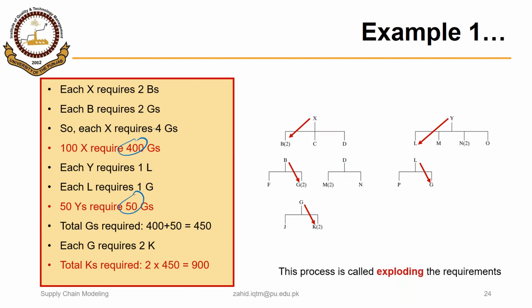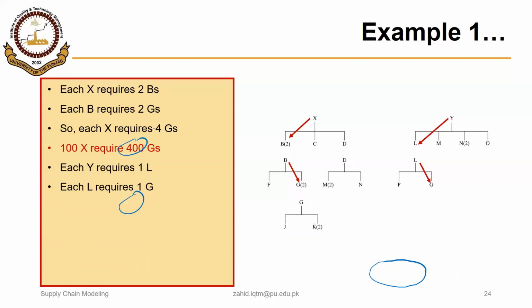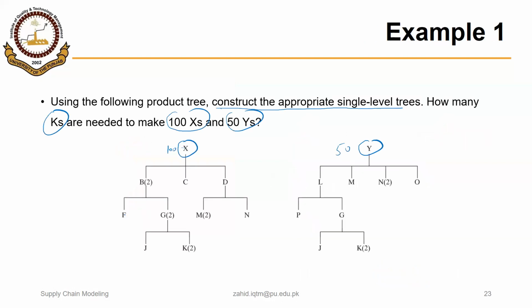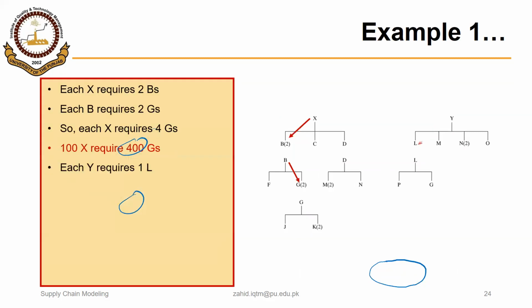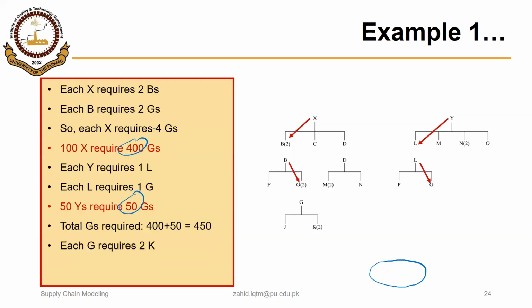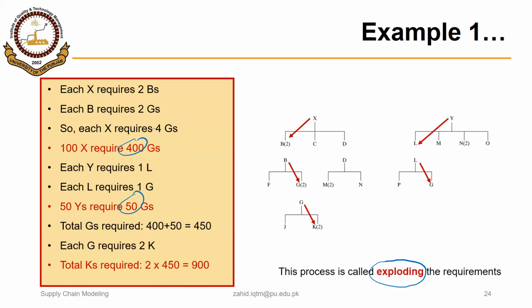This process is called exploding the requirements. The bill of material told us how many components are required to make one end item. Based on those quantities, we have simply multiplied them together to reach the quantity of component K required.